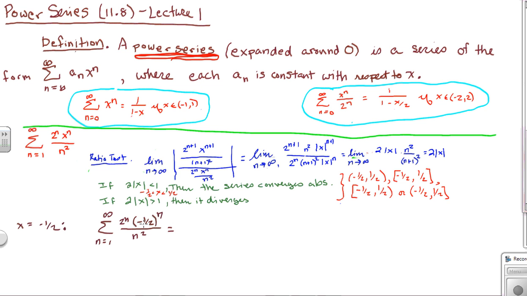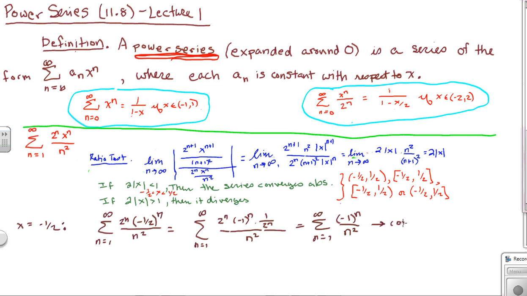And negative 1/2 to the n can be rewritten as negative 1 to the n times 1 over 2 to the n, right? All over n squared. And you notice the 2 to the n's cancel, so I get the sum n equals 1 to infinity of negative 1 to the n over n squared, and that converges, right?